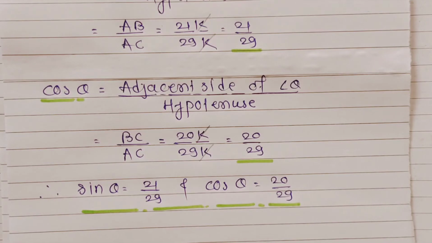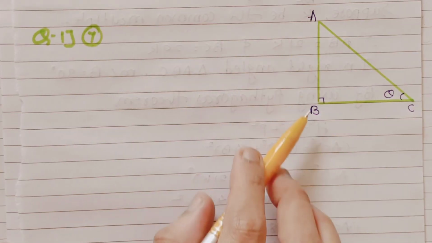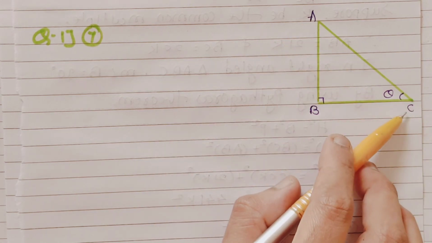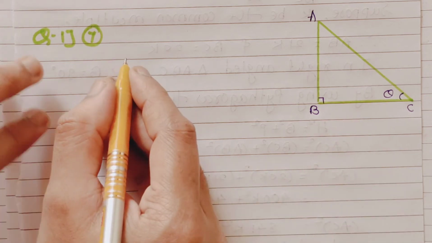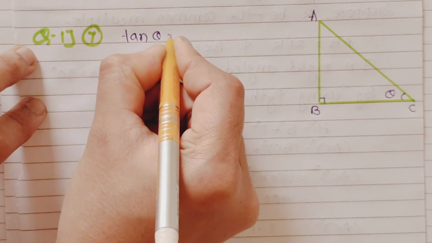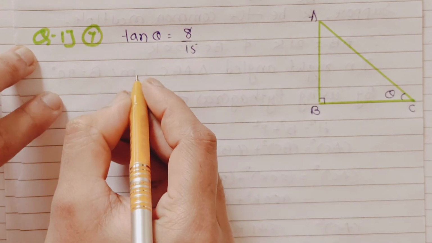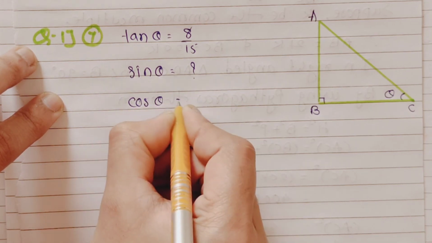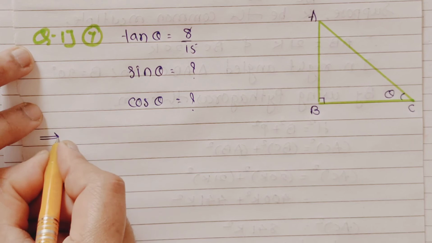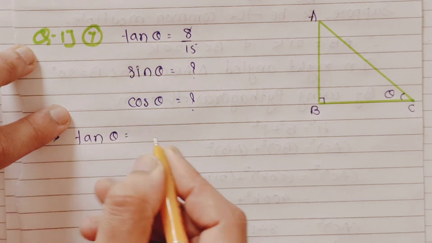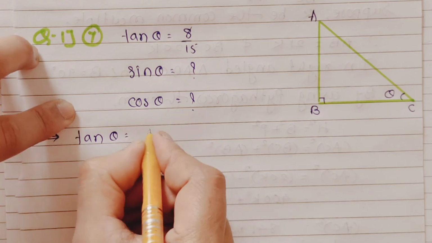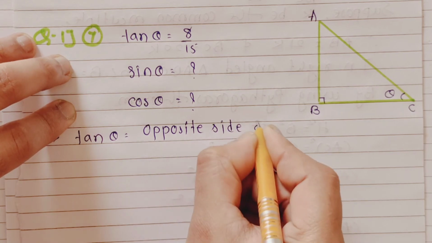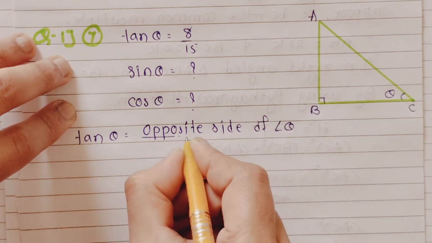Then next example. Seventh example, in triangle ABC, measure of angle B is equal to 90 degrees. That means AC is the hypotenuse and angle C is equal to theta. So given information is tan theta is equal to 8 upon 15. We have to find out sin theta and cos theta. So tan theta, we know the ratio, tan theta is equal to opposite side upon adjacent side.